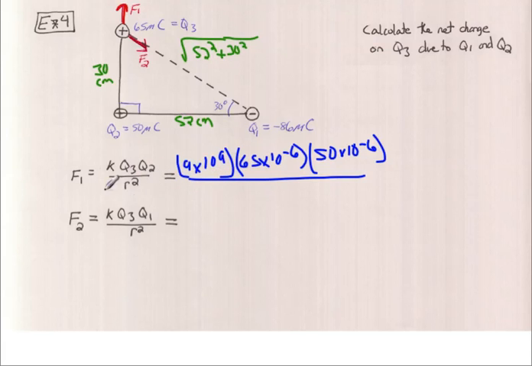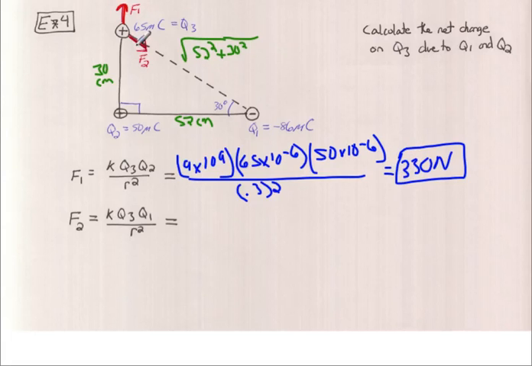Anyway, this radius here is where we were thinking in Q3 and Q2, so it's 30 centimeters, so that's going to be 0.3 meters, right, squared. Okay, so I think that works out to about 330 newtons.